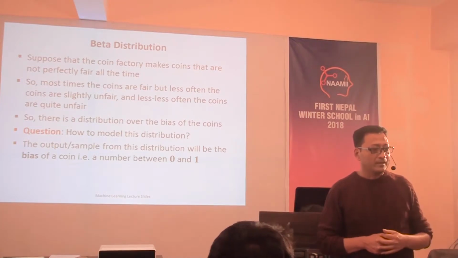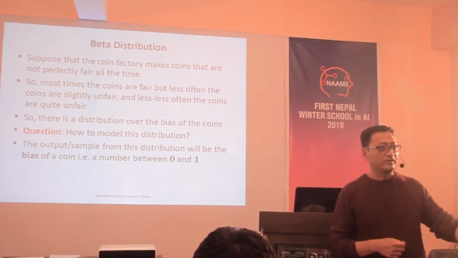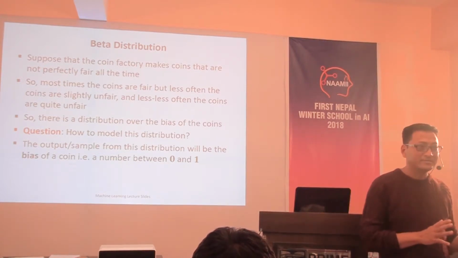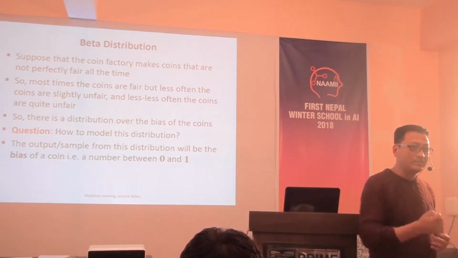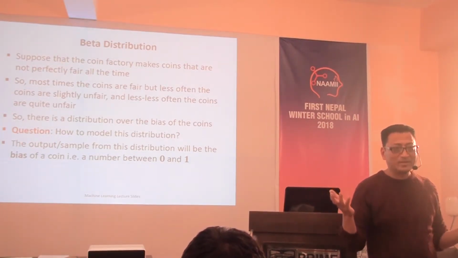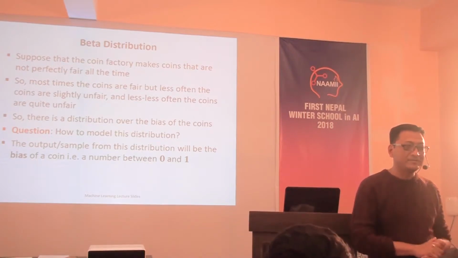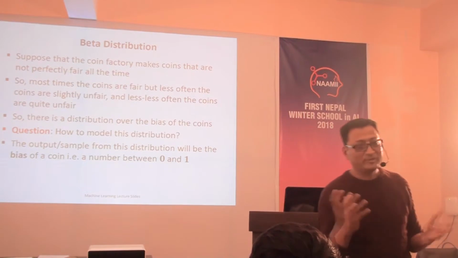Okay? And I realized that the coin from his factory is not very balanced. I pick a coin from his factory. I throw it, let's say, 100 times. In your case, I get 49 heads and 51 tails. So pretty good.